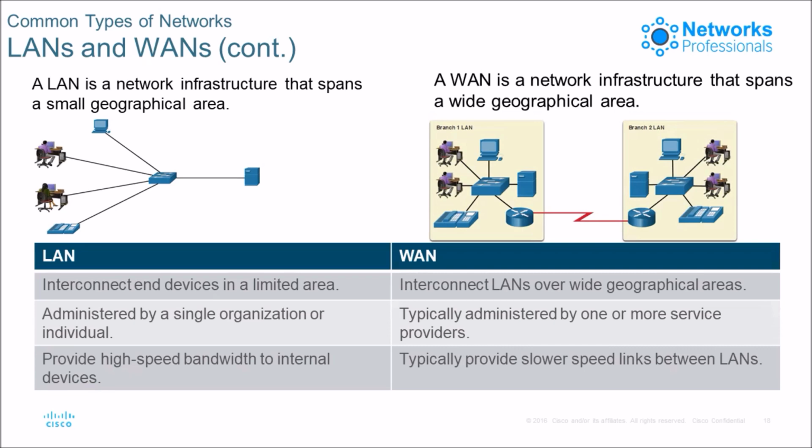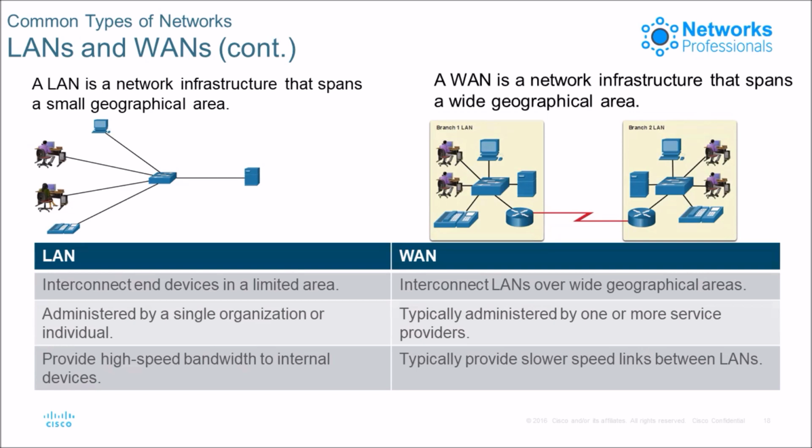Administrative control is enforced at the network level and governs the security and access control policies. LANs provide high-speed bandwidth to internal end devices and intermediate devices, as shown in the figure. Normally, you can say that a LAN is very high speed and low cost.